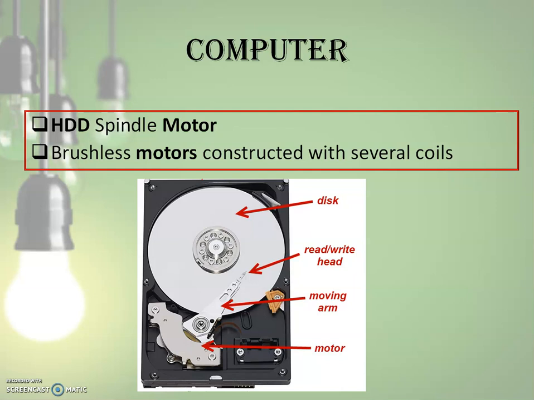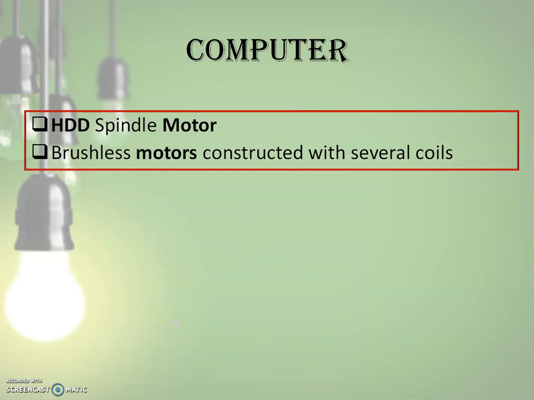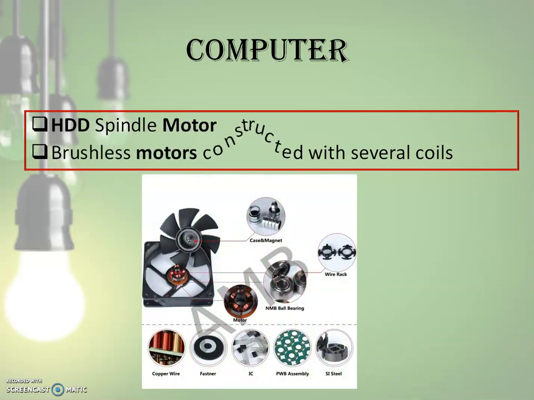A typical HDD has two electric motors: a spindle motor that spins the disk and an actuator motor that positions the read-write head assembly across the spinning disk. The disk motor has an external rotor attached to the disk. The stator windings are fixed in place. Then the computer fans: brushless motors constructed with several coils are used in computer fans.